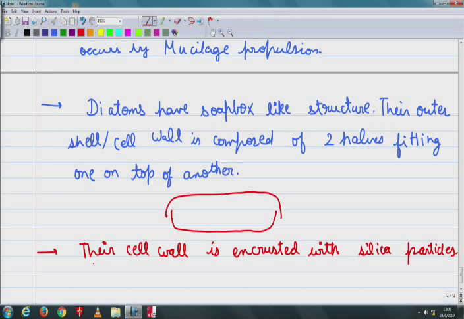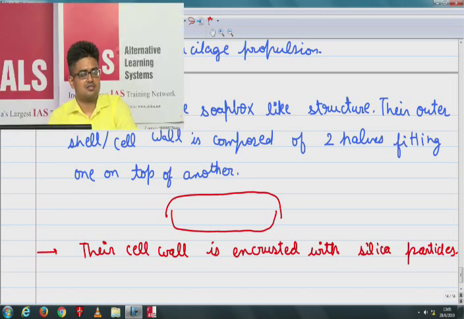Silica, chemical composition of silica, anybody knows? Chemical composition of silica. SiO2, silicon dioxide. Can you find this silica anywhere? Anybody wearing artificial jewelry earrings or something, or your watch?